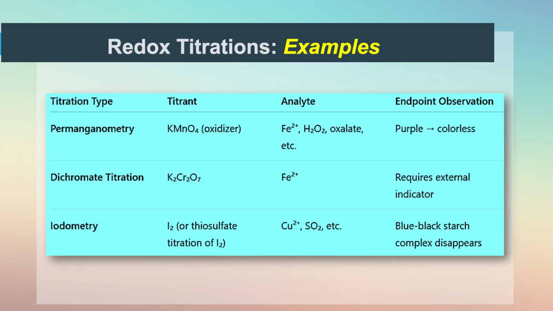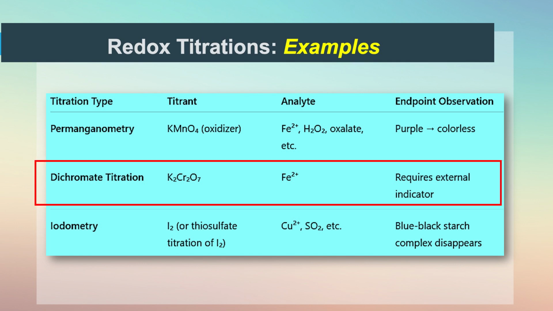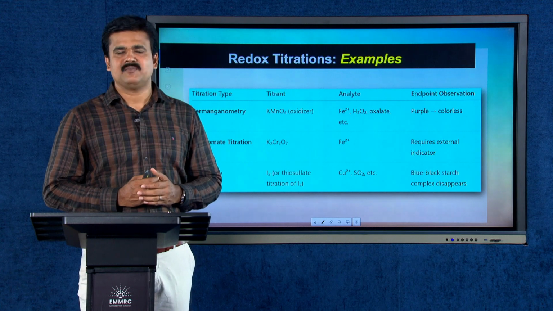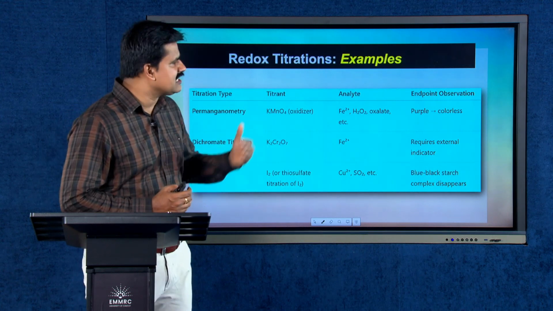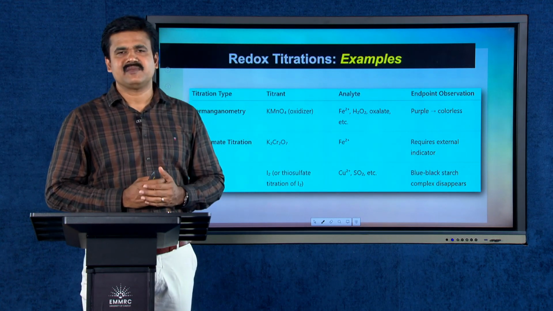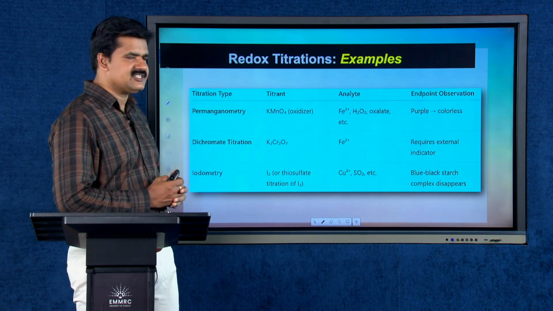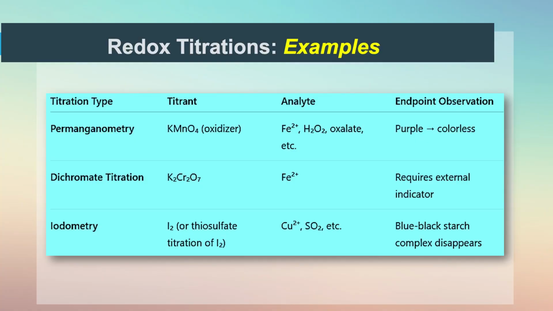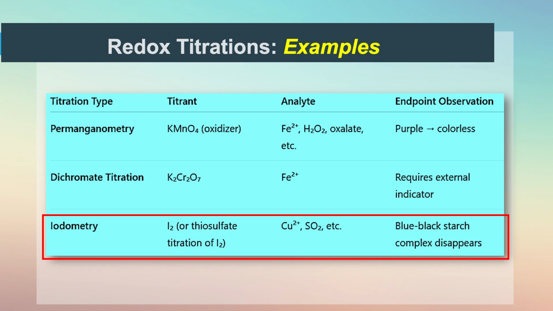And you have also heard about dichromate titrations. Here we are using potassium dichromate as an oxidizing agent, and the most important analyte is Fe2+ ion, that is the ferrous ion. Here we must have some indicator, and the required indicator may be an external or internal indicator. Another category of redox titration is iodometry, and here the titrant is iodine, and this iodine may be direct iodine or indirect iodine.